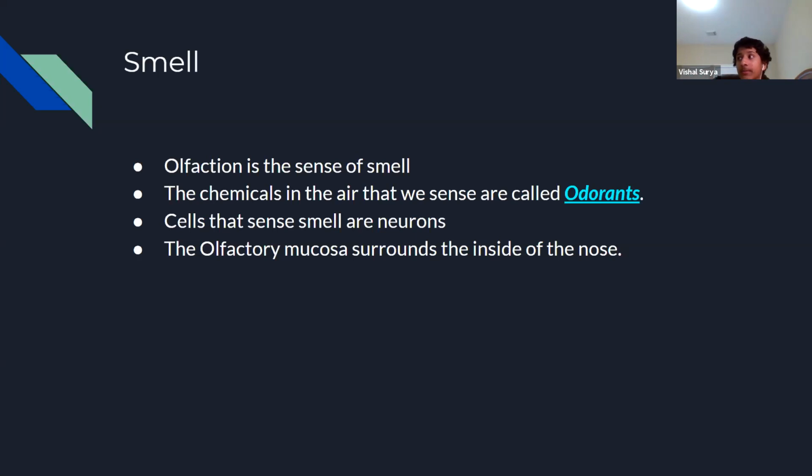And there's something called the olfactory mucosa that surrounds the inside of the nose. You don't have to know that, it's a fancier term, but mucosa you can associate with mucus, like the mucus-ish lining around your nose. But the main thing you want to get from this slide is that the chemicals that we sense in the air are called odorants.